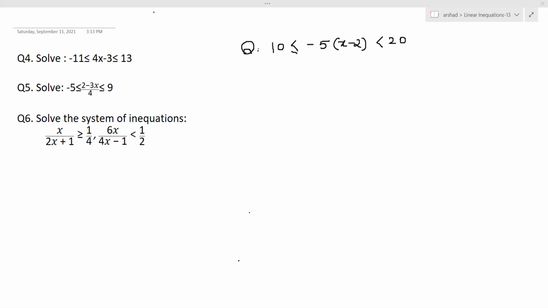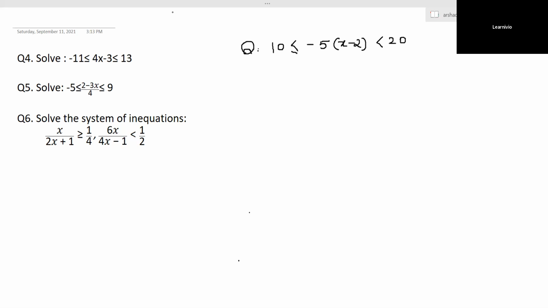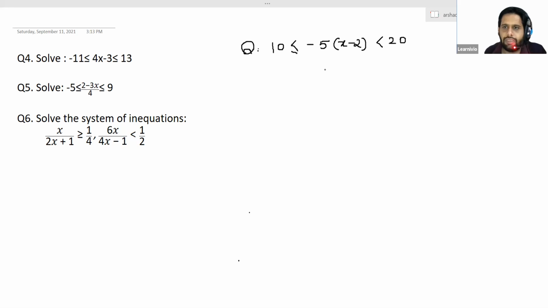John, very good, but there's a slight change in the answer. Okay, just give me a minute, I will do this question. So first of all, Rishan, this -2 can't be removed directly from here. First we need to remove this -5.